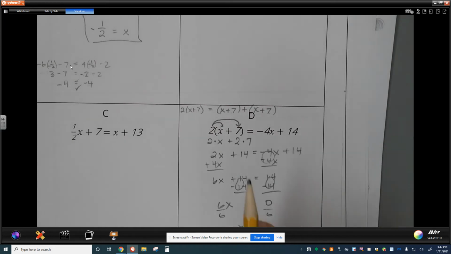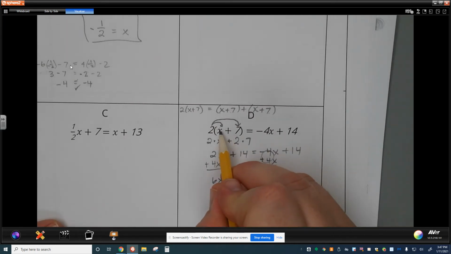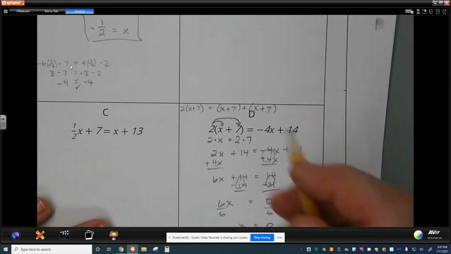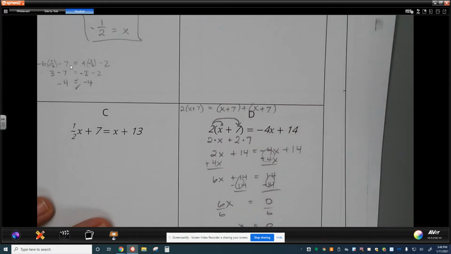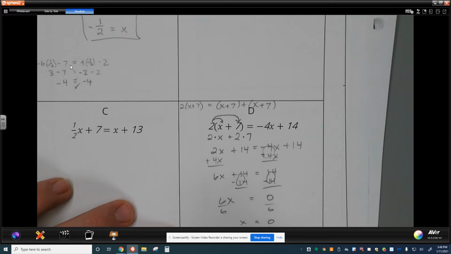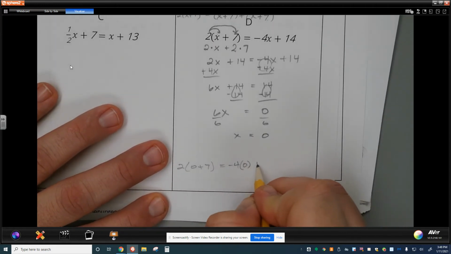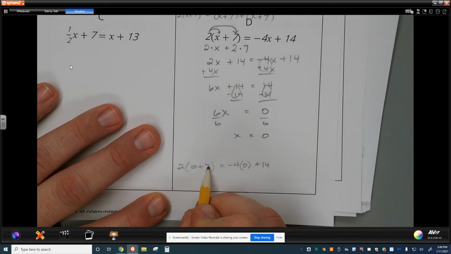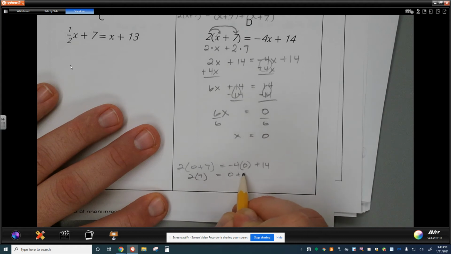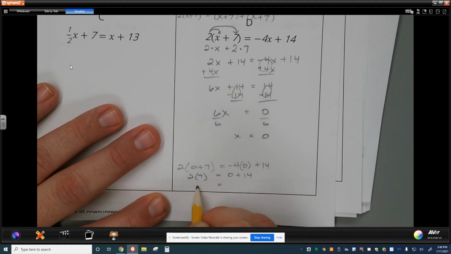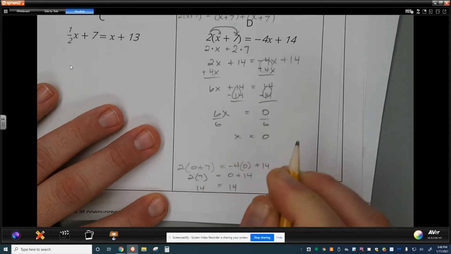Okay, here we go. If x is 0, that means that we have twice the value of 0 plus 7 is equal to negative 4 times 0 plus 14. Oh, sorry, you can't see that. 0 plus 7 is 7, so that's 2 times 7 is equal to 0 plus 14. 2 times 7 is 14. 0 plus 14 is 14.